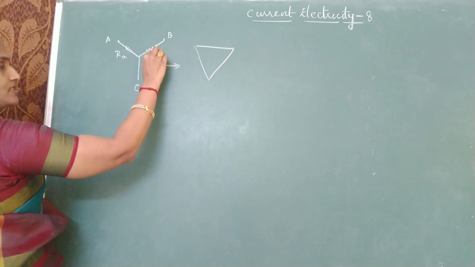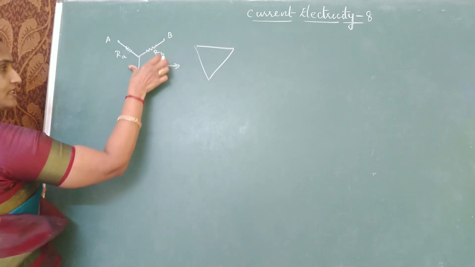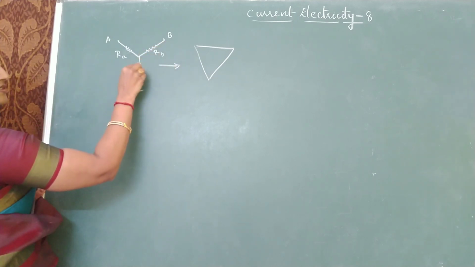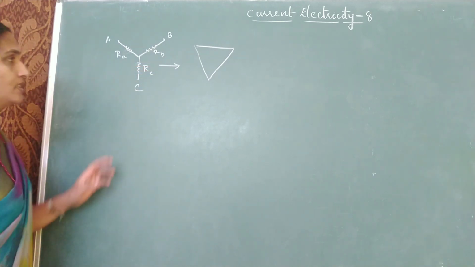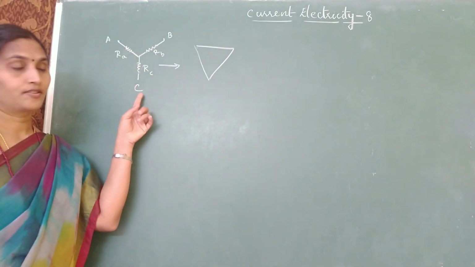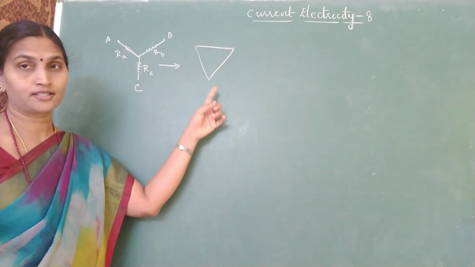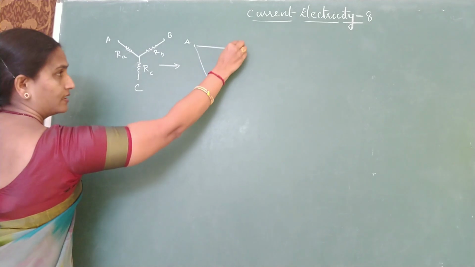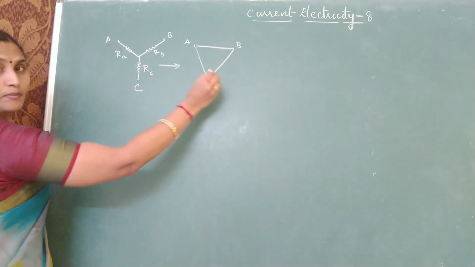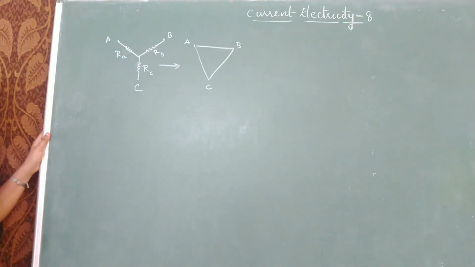Here we have a resistance RB. And in this branch we have a resistance RC, connected to C. Instead of these three, we want to convert it into a triangle. This point is A, this is B, and this point is C.